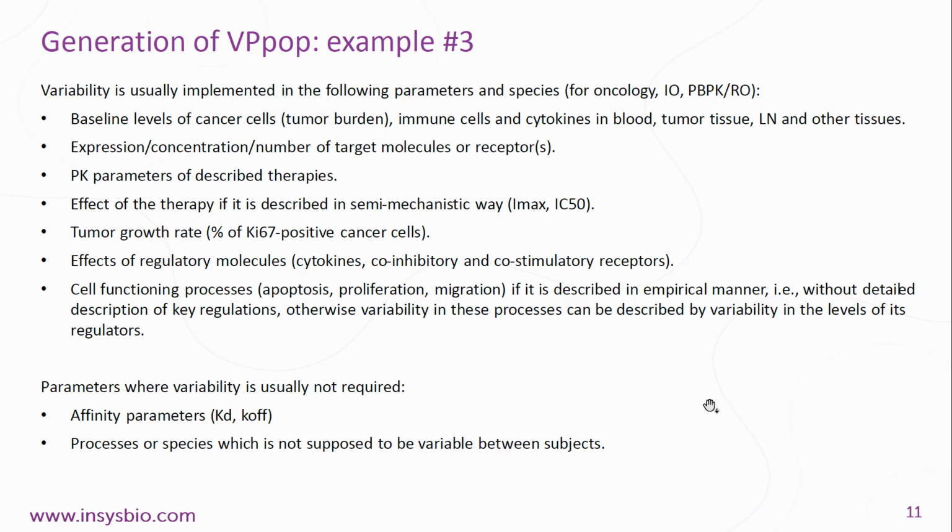But in general, my own point of view is that we need to introduce the variability and identify as many parameters as we can, because the more parameters you identify, the better predictive power of the model you will have. Of course, it depends on the size of the model and its features.